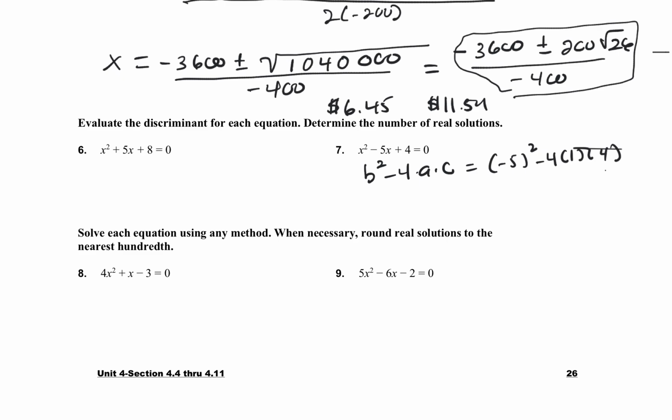So negative 5 squared is 25. Minus 4 times 4 is 16. So 25 minus 16 is 9. So if it's positive, there are two reals. If it was negative, it would have been imaginary.